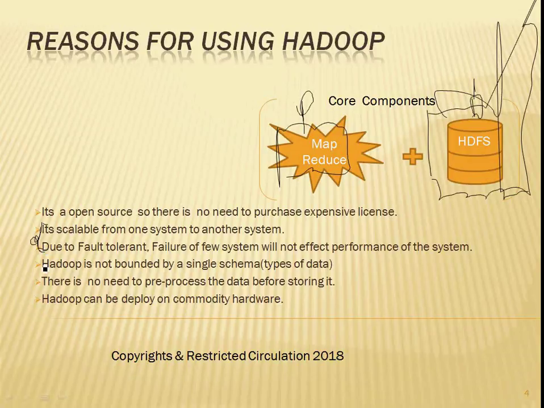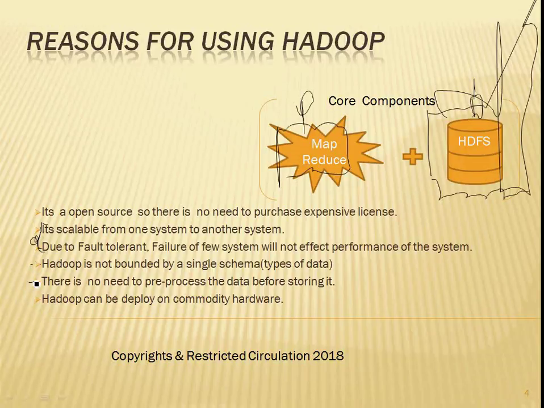This point which is mentioned is that Hadoop is not bounded by a single schema. Types of data means Hadoop can be used to store structured data, unstructured data, or semi-structured data. This is what exactly is mentioned here.